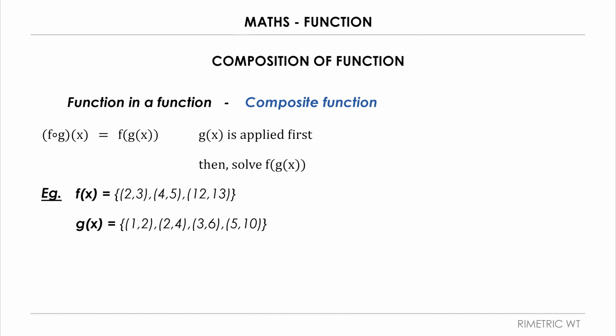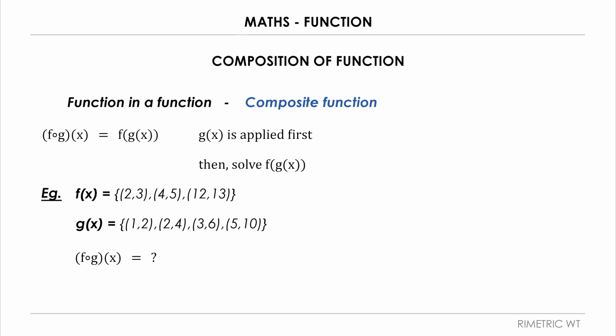Let's see an example. Here we have two functions expressed in set notation, as shown. First, let's find f composed with g of x, or f of g of x. To do this, we first determine the value of g of x for each input x using the ordered pairs. Then we check whether the output of g of x is included among the input values, or x values, of f.